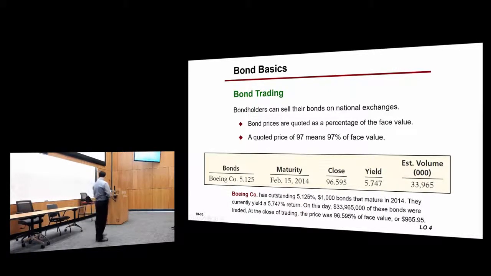So, for example, now you have to understand something. Bonds are traded actively in exchange markets, in a way similar to stocks. You have municipal bonds, you have corporate bonds.